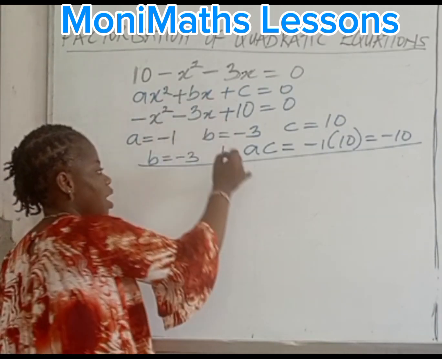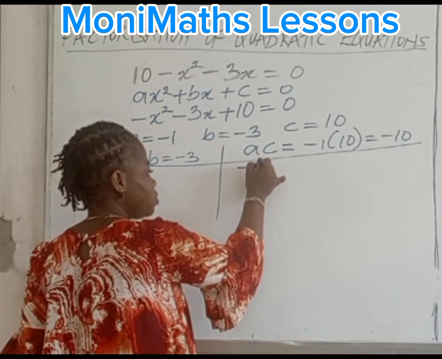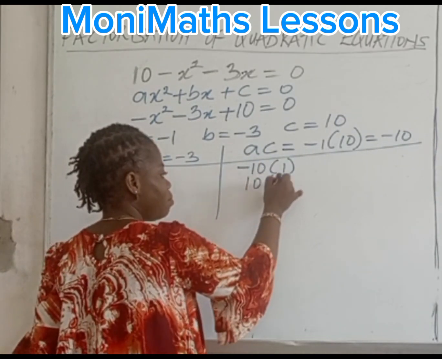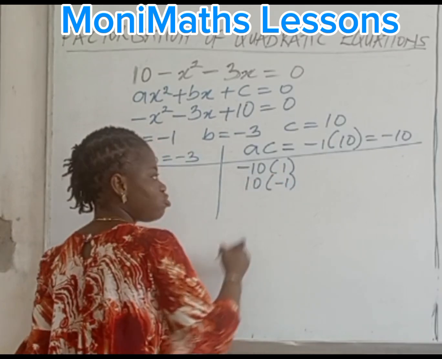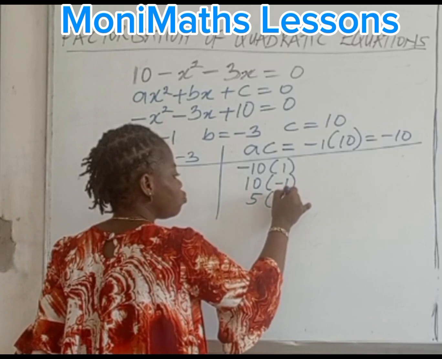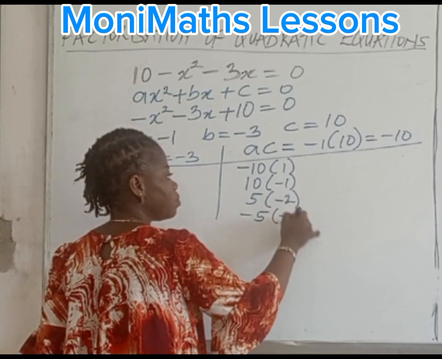Let's see. I want to start by trying minus 10 plus 1. Then I will try plus 10 minus 1. Then I will try positive 5 times minus 2. Then I will try negative 5 times positive 2.